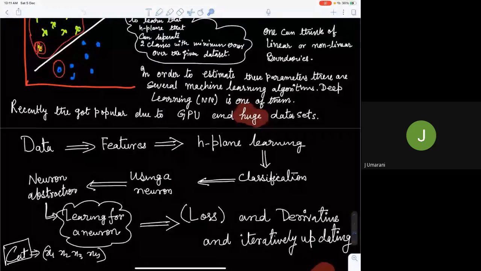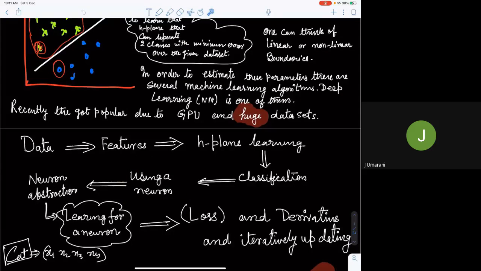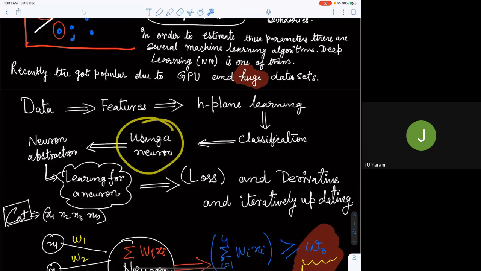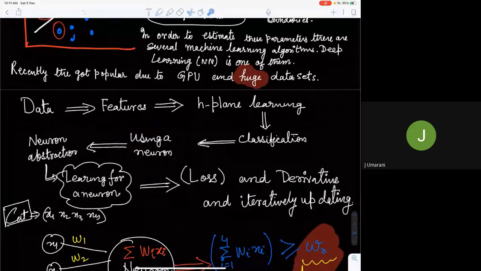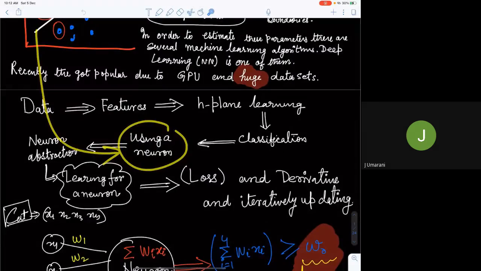If you have one neuron, we will see that one neuron can learn one such hyperplane. And if it is supervised learning, then once you have learned this hyperplane, you ask how good it is.